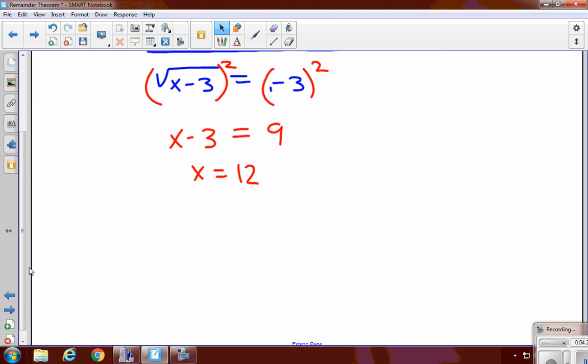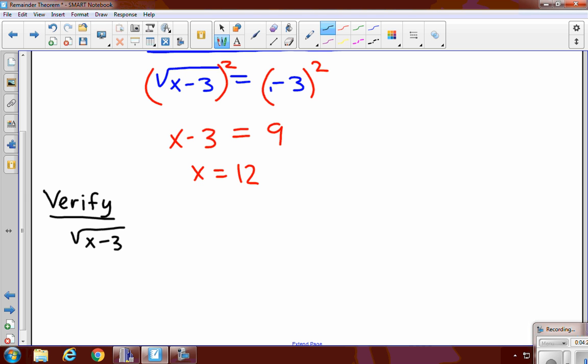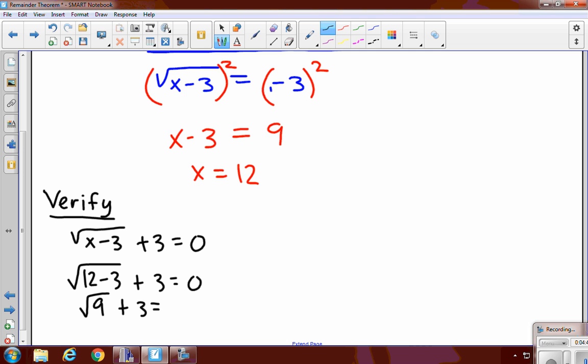So when I go to verify this solution, we start with that original question, which was the square root of x minus 3, plus 3 equals 0. So we're going to put a 12 in here. The square root of 12 minus 3, plus 3 equals 0. It's the square root of 9, plus 3, is 0.